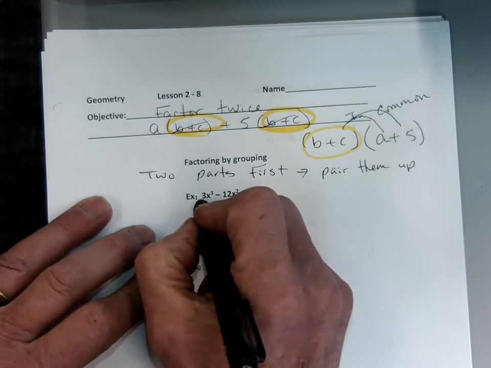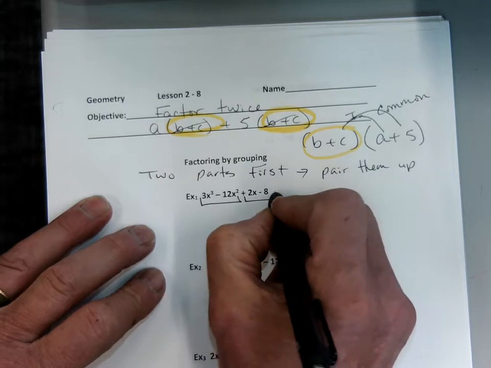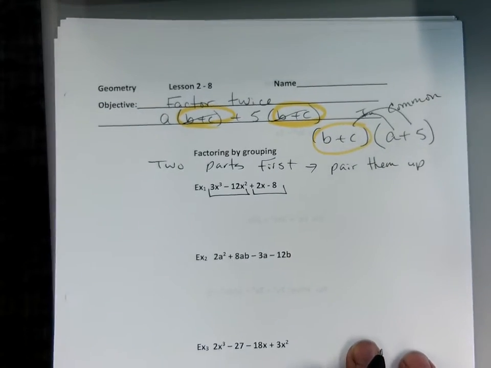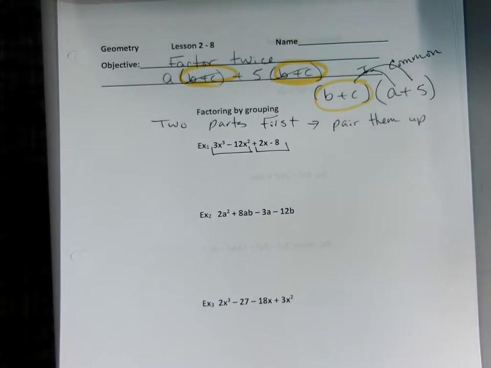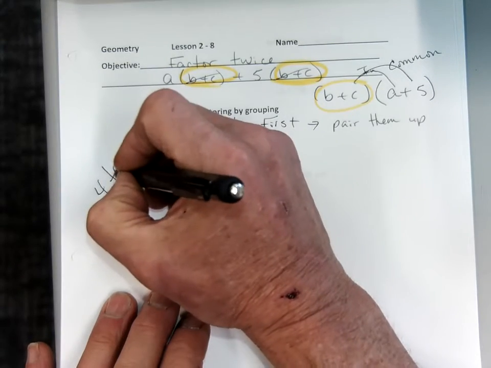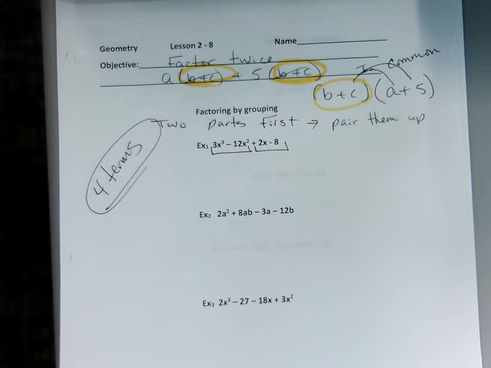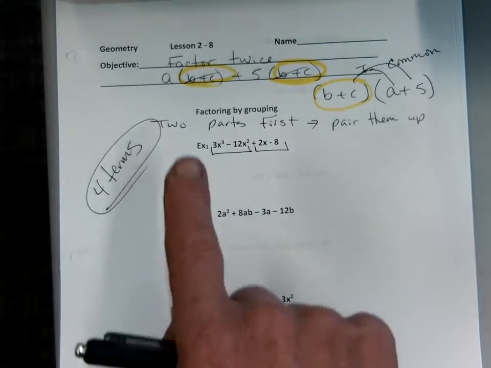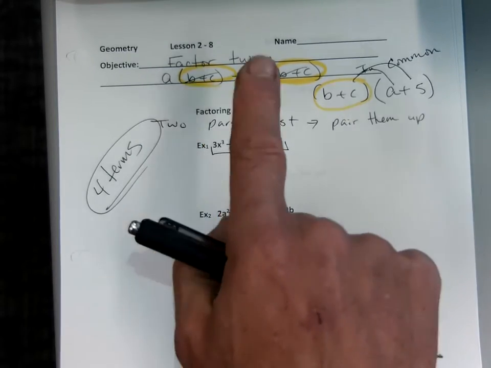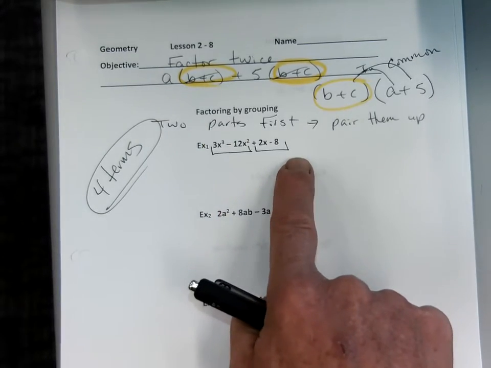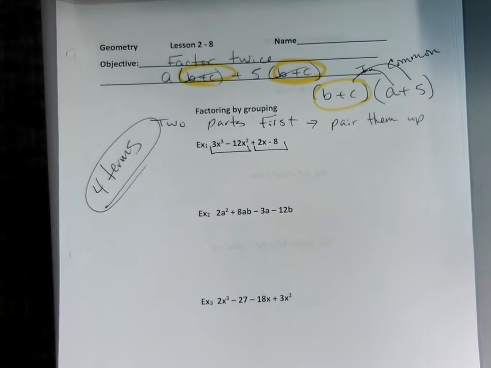So when I look at example 1, Gretchen, have you seen this before? Okay, you might have. When I see 4 terms, write that down, we're going to go grouping. You see 4 terms? 1, 2, 3, 4. We're going to pair them up, okay?